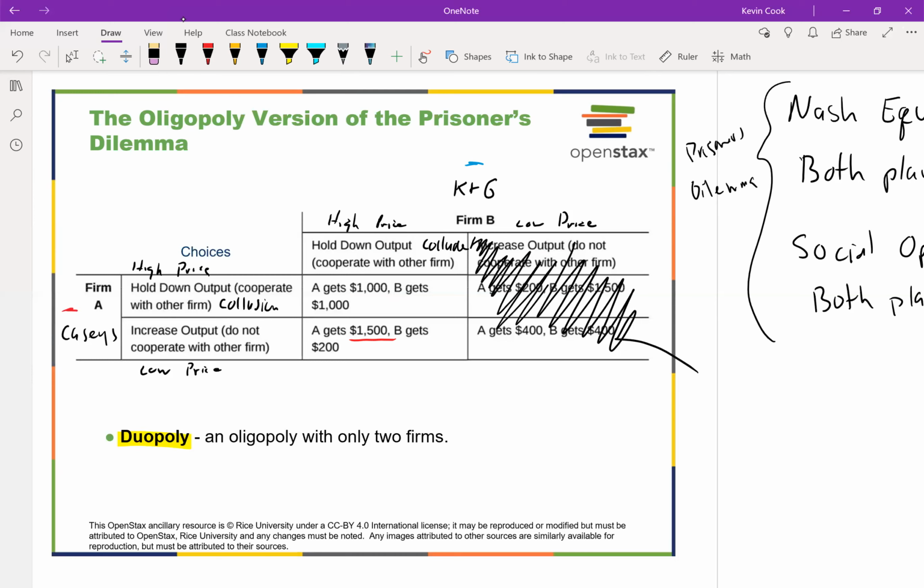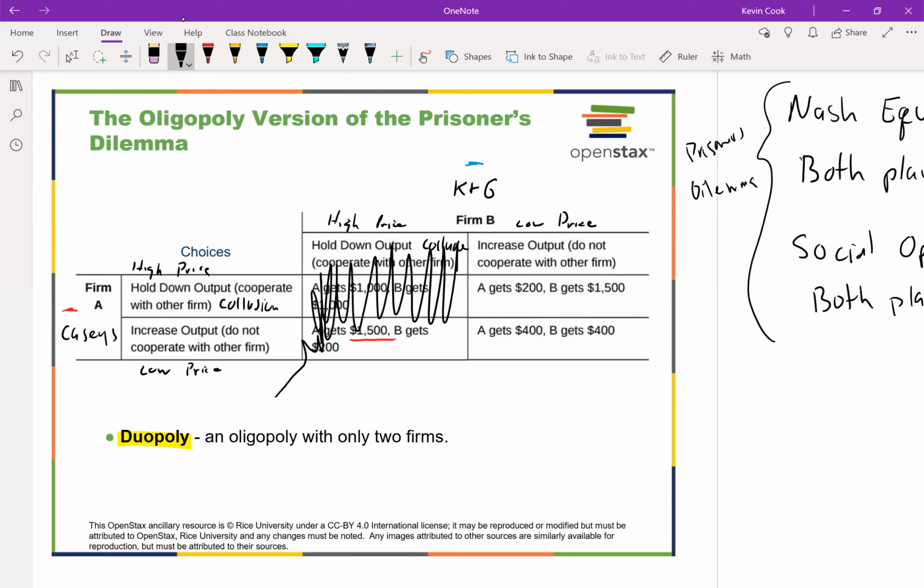So I'm going to pick $1,500. And similarly, if I know that Come and Go is going to charge a low price, I only look at what if they charge a low price, in which case I have a choice between $200 and $400, in which case I would rather have 400 than $200.